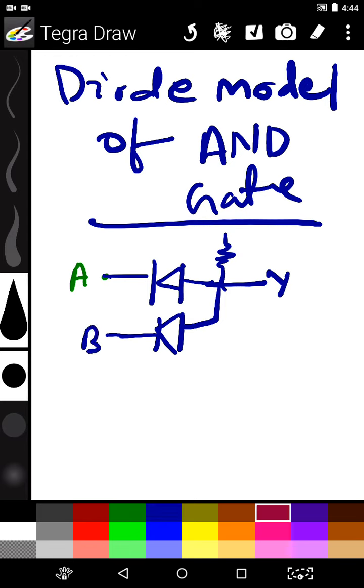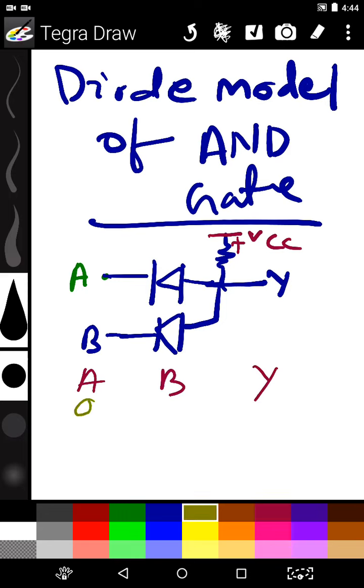Now this one is VCC, plus VCC. Here we verify the inputs and outputs. When A is 0 and B is 0, both diodes are forward biased.